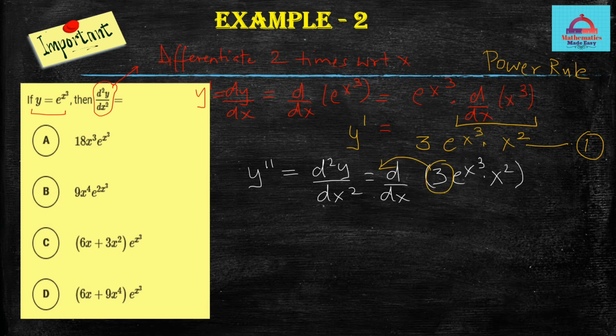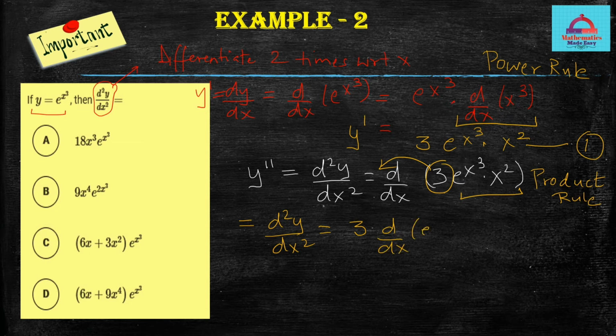It can come out of the derivative, and this is a product of 2 terms, e to the power x cube and x square. So I'm sure you'll recognize that we have to go for the product rule to get the second order derivative. So let's continue to find the second order derivative, and I'm taking 3 outside and d by dx of this product. So let's apply the product rule.